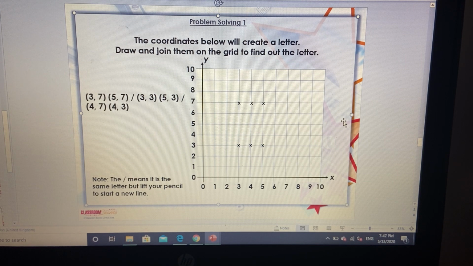but you have to note at the bottom it says that you have to remember that where you see the slash, it means that it's the same letter but lift your pencil.